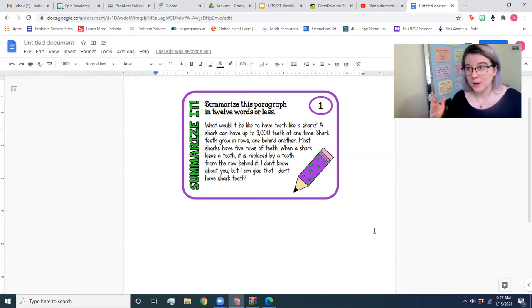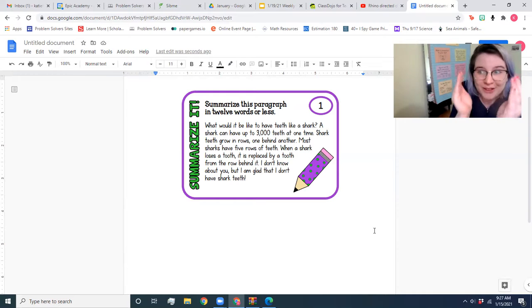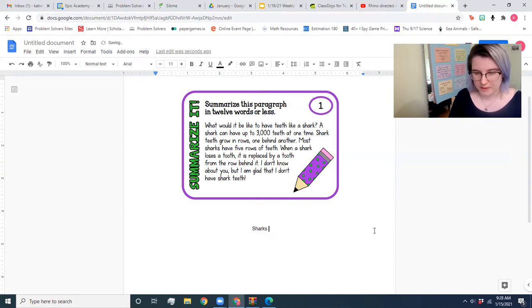I need to kind of put up a wall just for this task and focus only on the information in front of me. So, sharks have about 3,000 teeth.